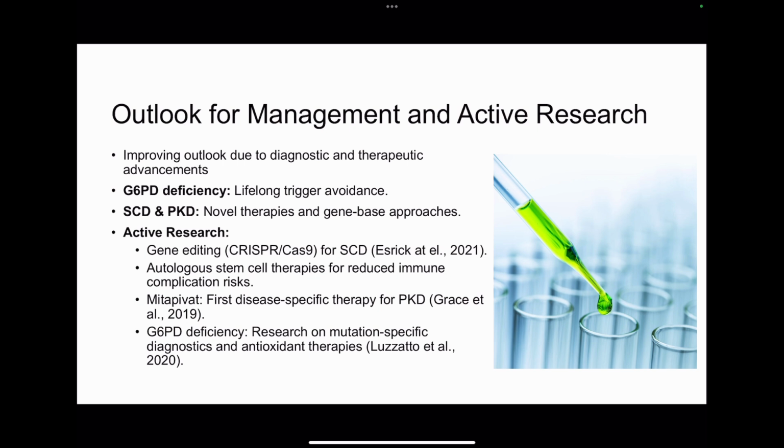They're also exploring autologous stem cell therapies to reduce immune complication risk. And like I said earlier, in PKD, mitapivat is emerging as the first disease-specific therapy targeting underlying enzyme defects. So, this holds a promising future for individualizing the care of patients with different kinds of hemolytic anemias.